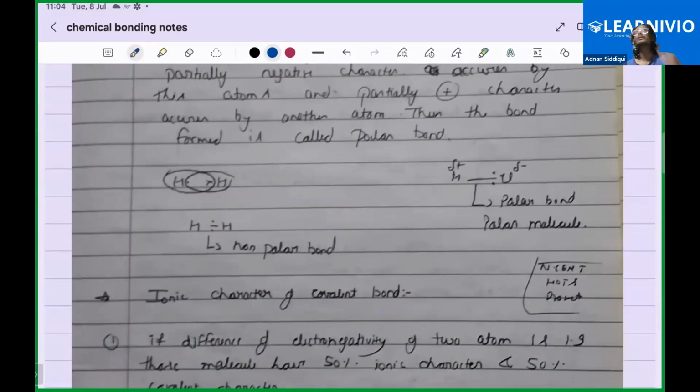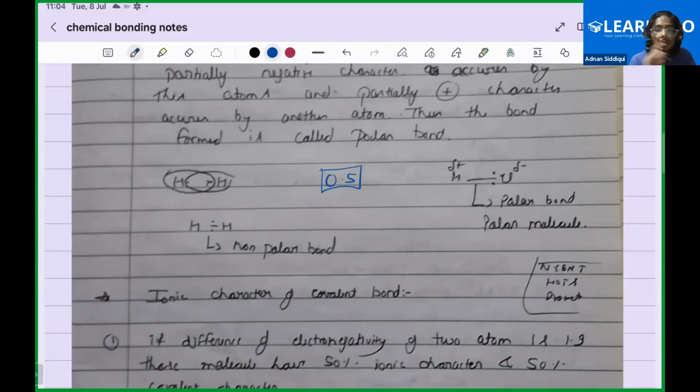It is not always the case. Suppose there is a specific value. If the difference in electronegativity is more than 0.5, then you are going to say the molecule is polar. But if it is not, then you will say it is non-polar.